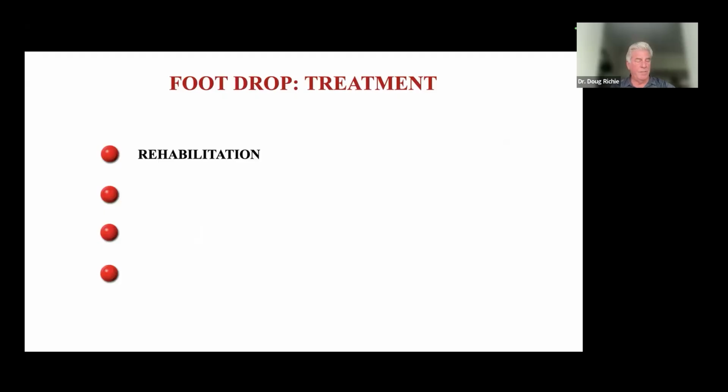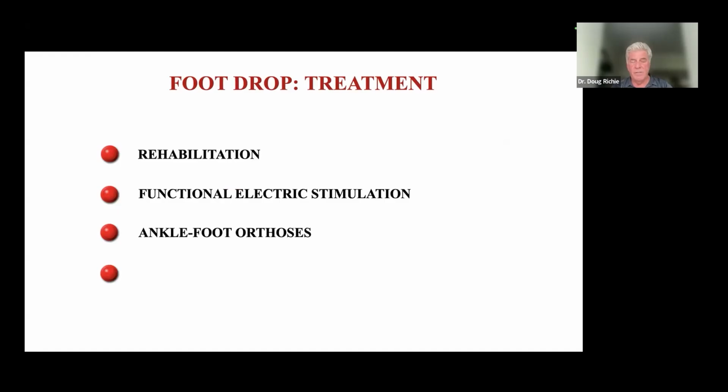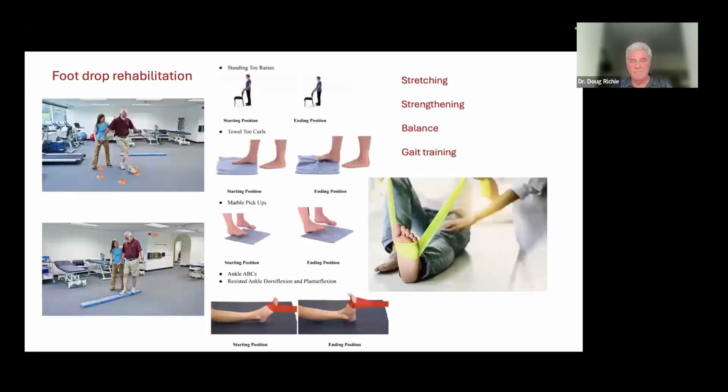So moving into treatment, we're going to go through the 4 tiers and options, and I'll go over each of these in some detail. All patients with foot drop eventually need to go through rehabilitation. Stroke patients need to go through rehabilitation because many of them restore some neural activity in the brain and need to rely on a skilled rehabilitation specialist to do that, starting with the brain and moving down to the ankle.